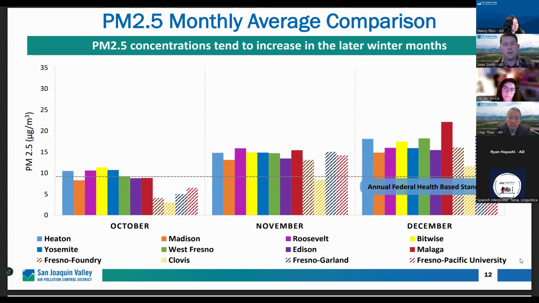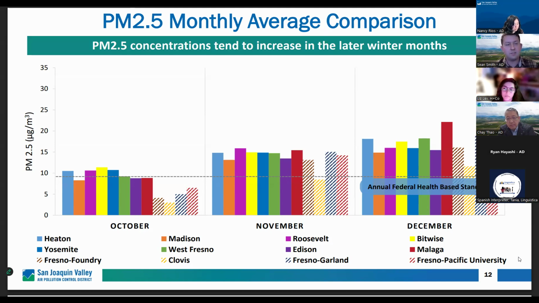So we've gone from annual to quarterly, and now we have the monthly average comparison. For the monthly average comparison, we noticed that some of the PM 2.5 concentrations actually increased a little bit in the winter months, and I'll talk about that in a little bit. But this chart is slightly different than the previous ones.